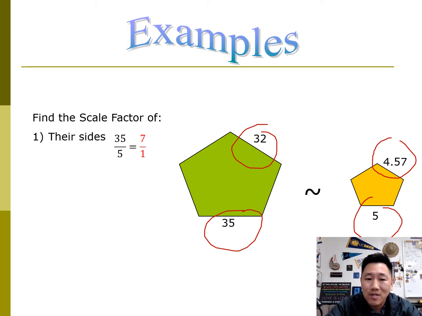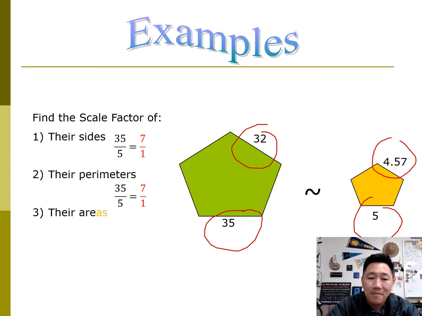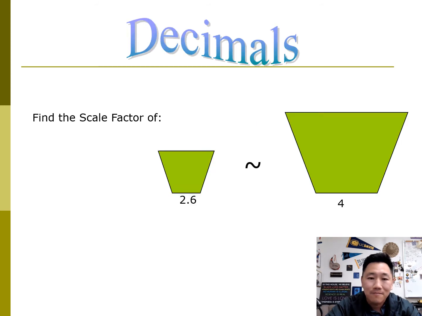So let's go ahead and do the 35 over 5. Reduce it down to 7 over 1. To find the perimeter scale factor, it's always going to be exactly the same, 7 to 1. And then the scale factor for the area, you square it, 49 to 1.